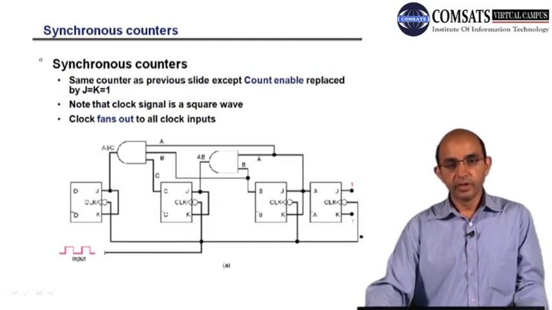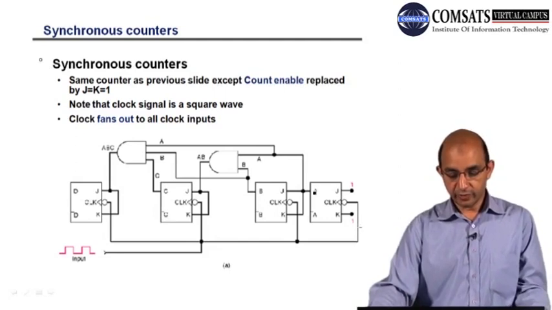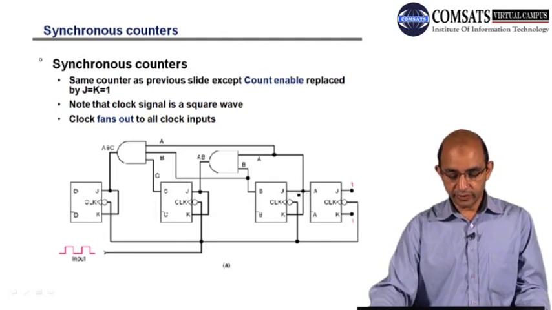So now we have JK 11 at this flip-flop all the time. Whenever we have the clock, it will toggle, and we have the output, and then this will also toggle.